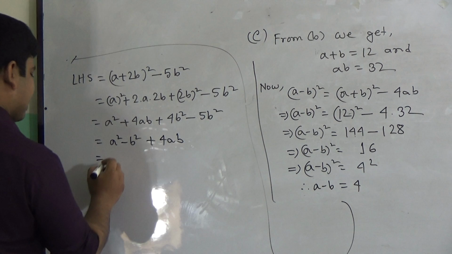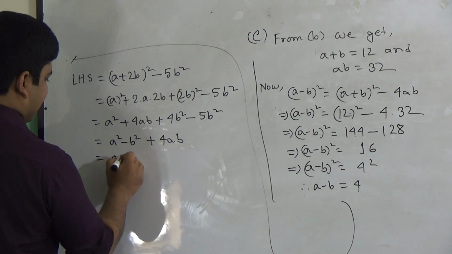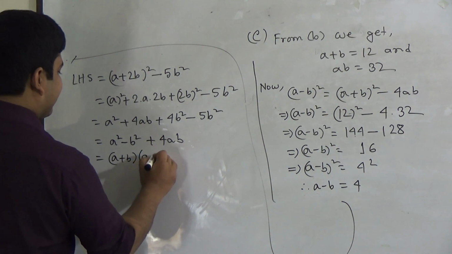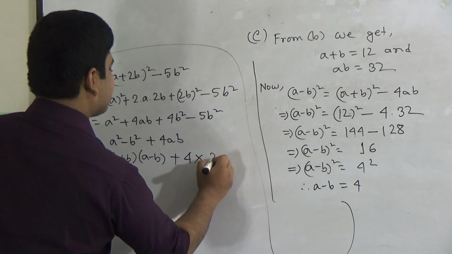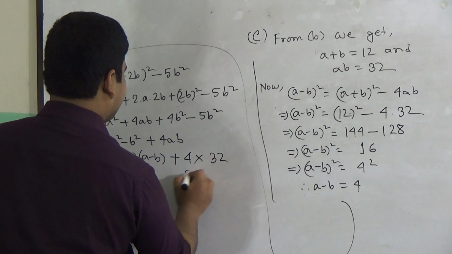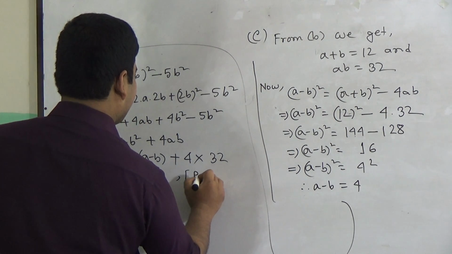Now we use the formula (a + b)(a − b) + 4 into, what is the value of ab? It is 32.